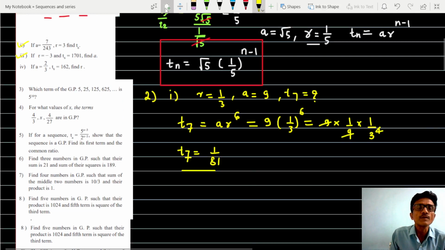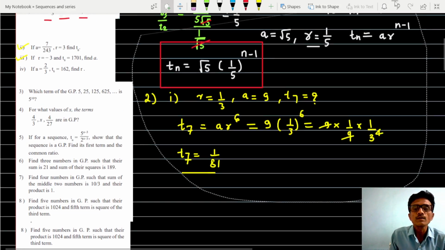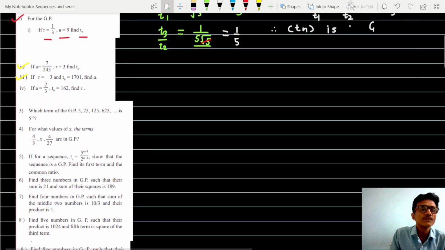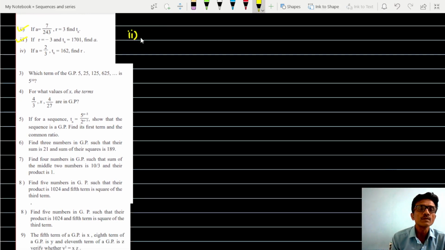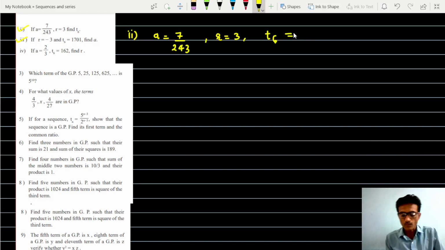So T6 is given by A R raised to power 5. Here A is equal to 7 upon 243 and R is equal to 3. We have to find T6. T6 is given by A R raised to power 5.